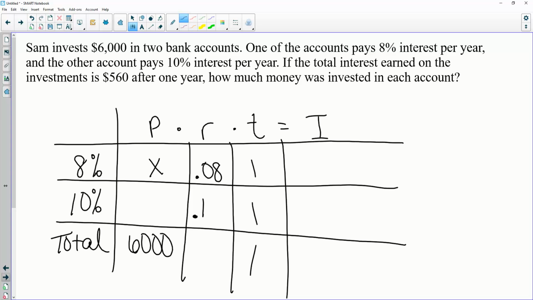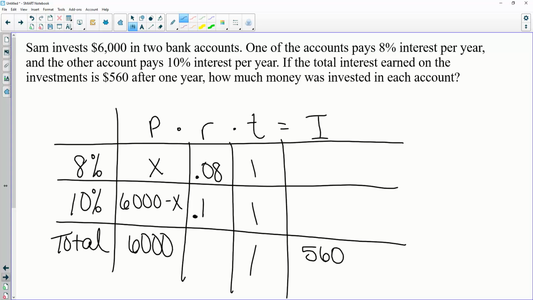Do I know how much I put in there? No. Can I also call that one X? No. I had 6,000. If I've taken X of it out to put in one account, we have 6,000 minus X remaining. If the total interest earned is $560, so total interest, 560.